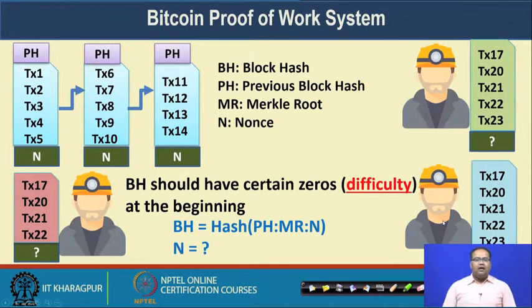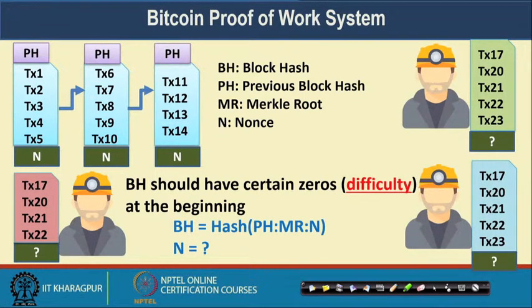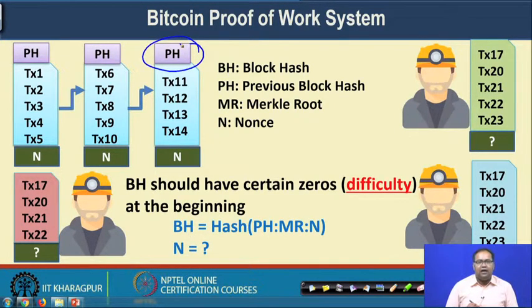So, this is the methodology for the Bitcoin proof of work system. Here you have an existing blockchain. If you remember the basic blockchain architecture, every block is connected to the previous block with the hash value. Here pH is the hash value of the previous block. We have this previous hash value and one nonce value which is included in every block.